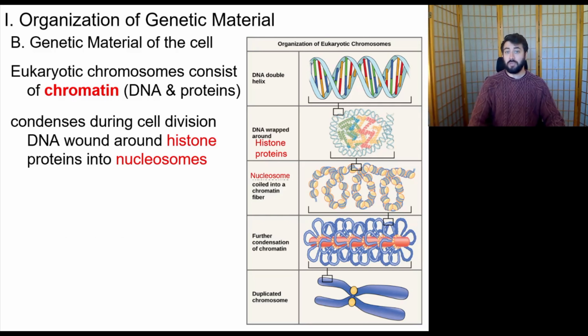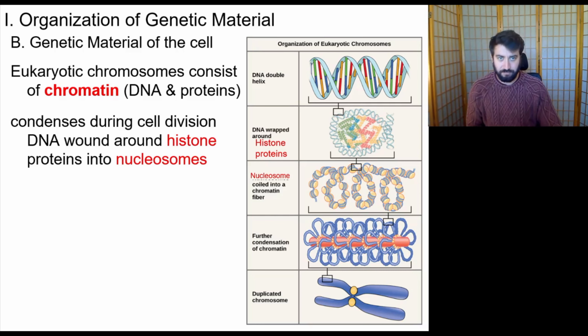Now, in eukaryotes, chromosomes consist of chromatin, which is both the DNA molecules and the structural proteins that DNA molecules interact with, right? So here's your DNA molecule. And once you start wrapping these DNA molecules around these structural proteins we call histones, you're going to start creating chromatin.